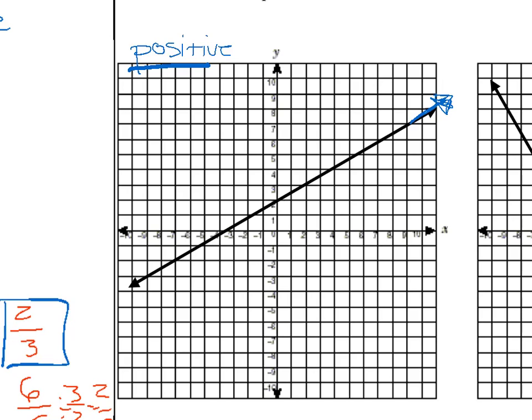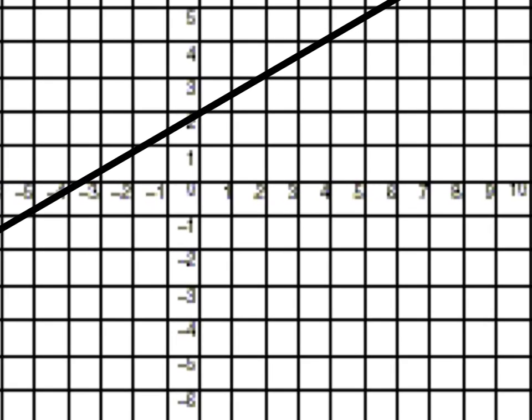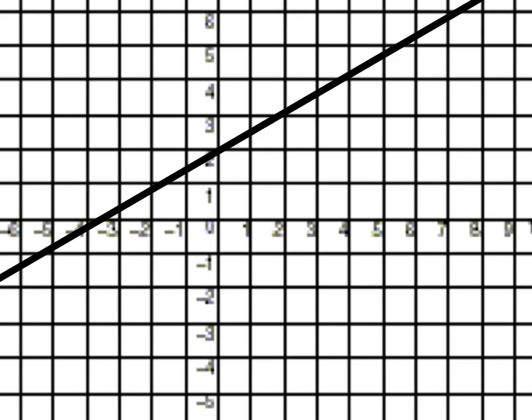All right. So in order to actually find the value of the slope, we want to pick 2 points where it goes right through the corner. So I'm going to zoom in here really quickly. It looks like it goes right through the corner here. And it looks like it probably goes right through the corner here. So I'm going to calculate my rise and my run by drawing a slope triangle.